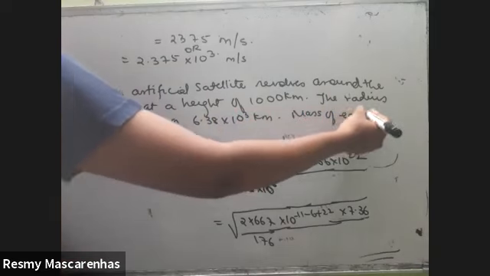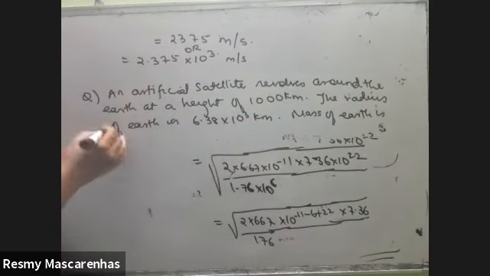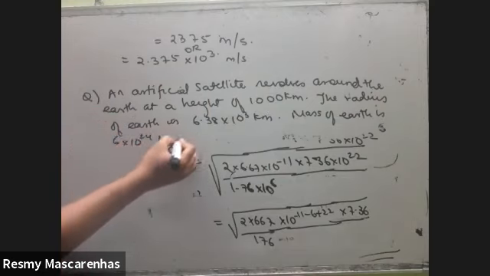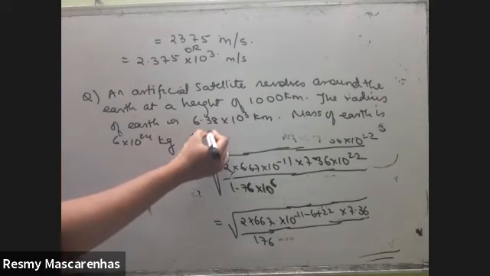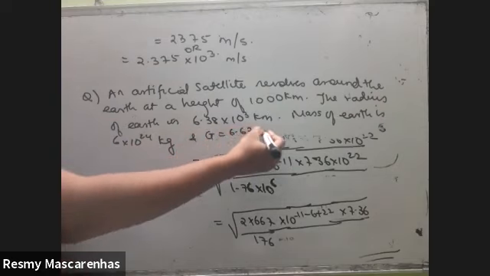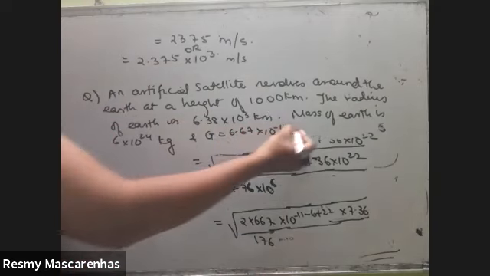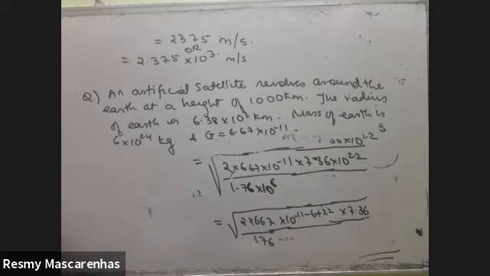Mass of Earth, and G is 6.67 into 10 raised to minus 11. Find the orbital velocity.